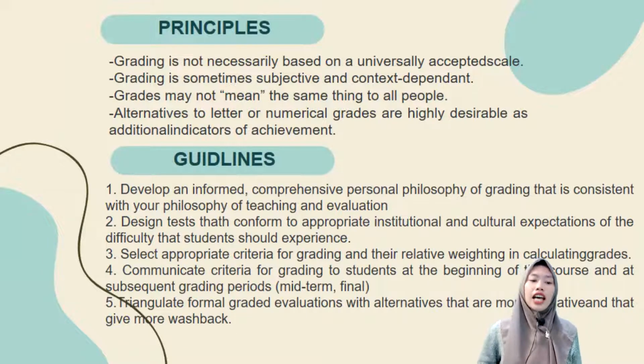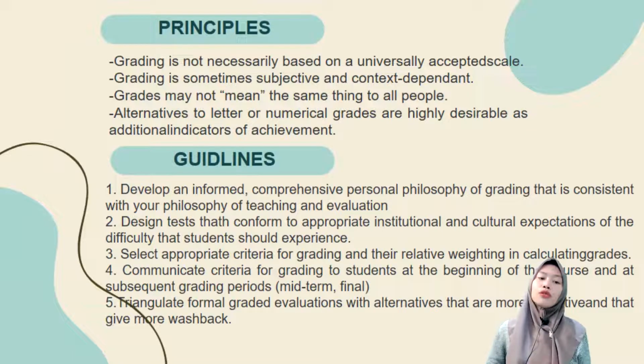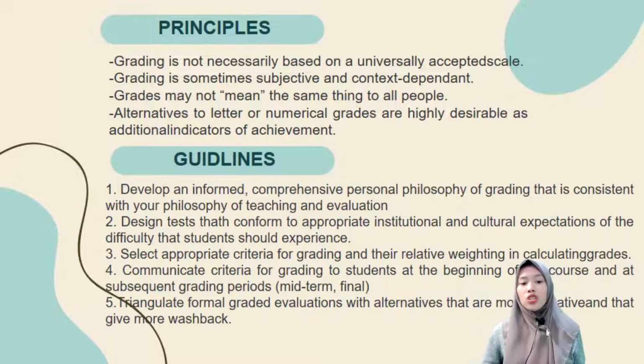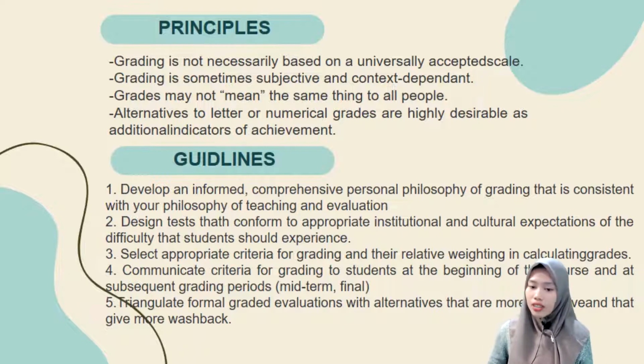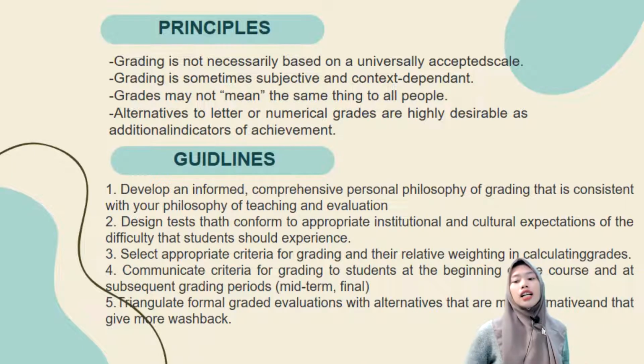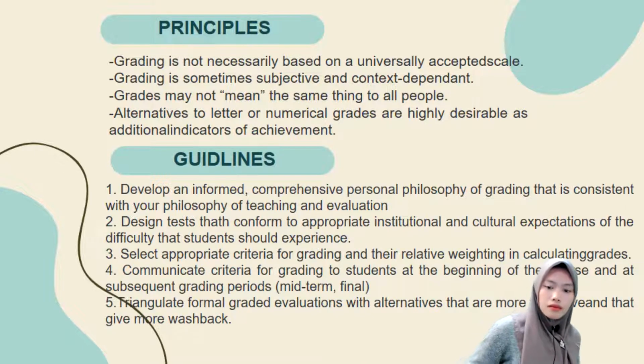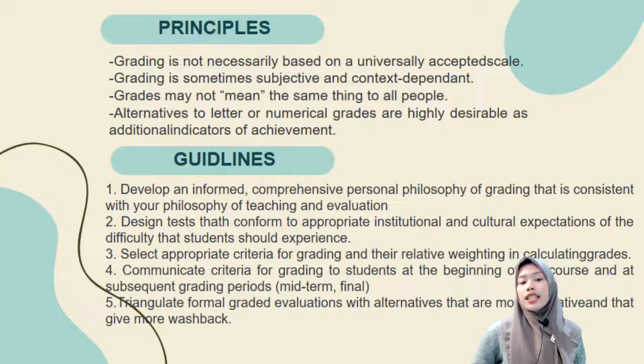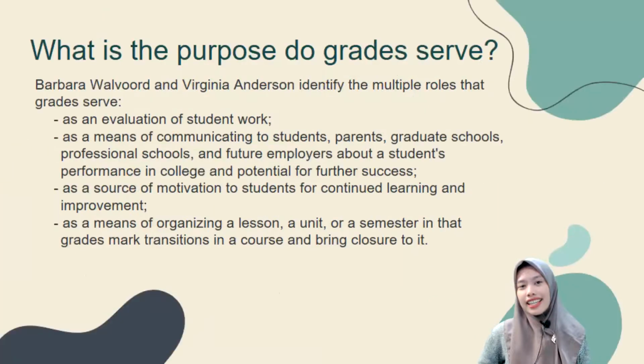And then these are the guidelines. Develop an informed design of tests that conform to appropriate institutional and cultural expectations. Select appropriate criteria for grading and the relative weighting. And the last is triangulate formal graded evaluation with alternatives that are more informative and that give more washback.